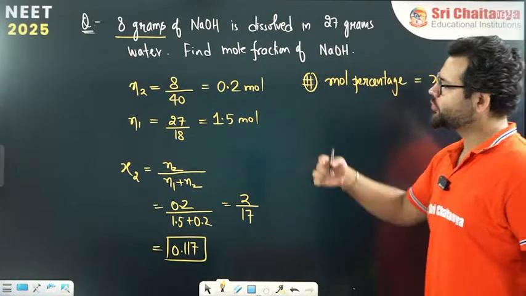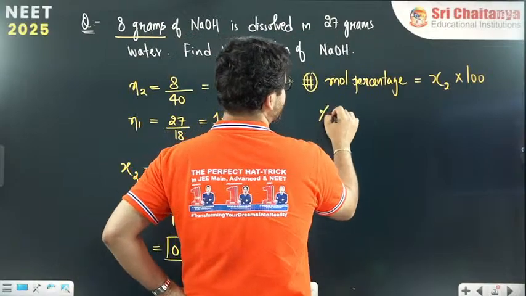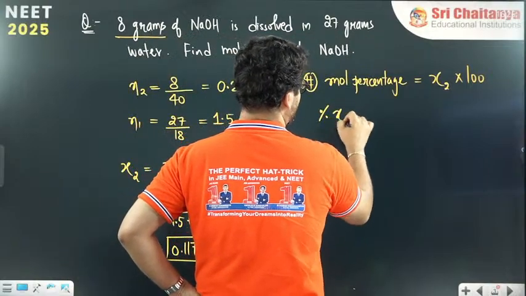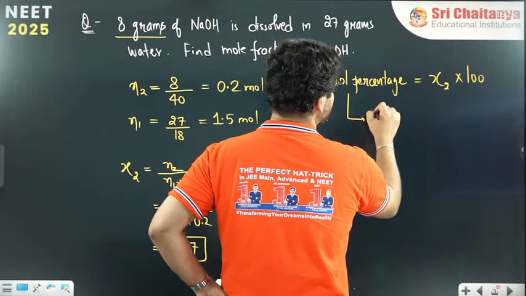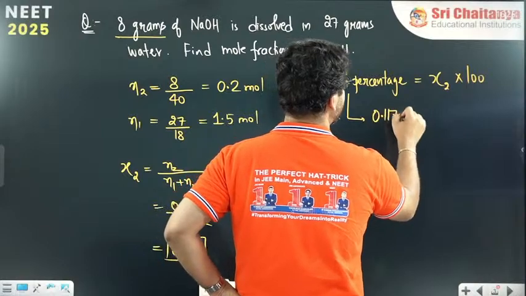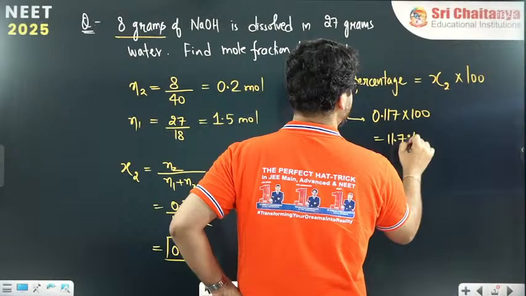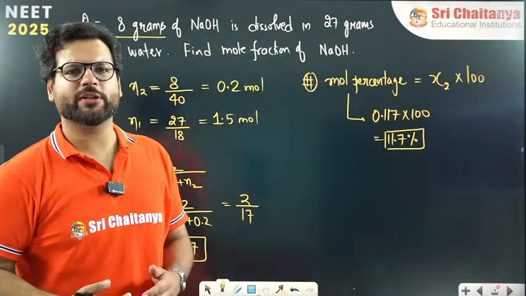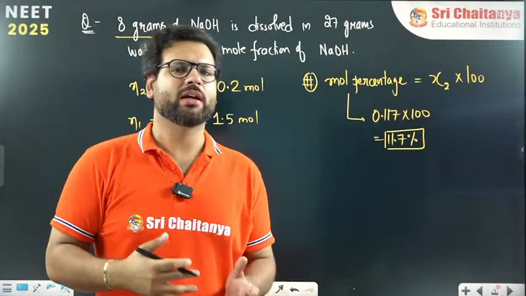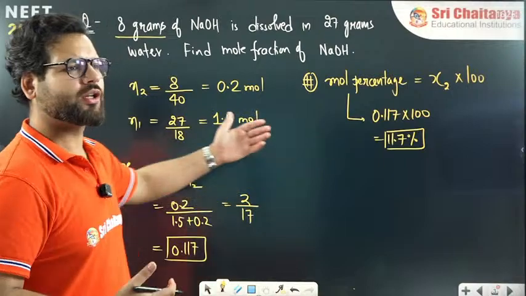So if they ask you by what mole percent NaOH is present, mole percentage of NaOH in this case is 0.117 into 100, which is 11.7%. Just like there is weight by weight percent, there is another percent called mole percent. So mole percent is 11.7%, mole fraction is 0.117.